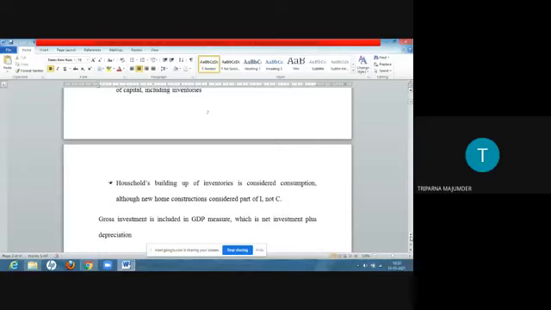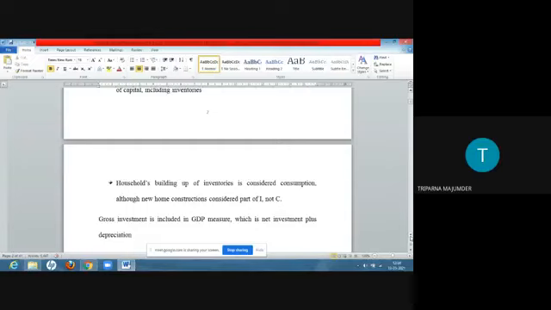Although when we have new home constructions, that is a part of our what? Investment. So when we are talking in terms of inventories, households' building up of inventories are considered as consumption and not investment.